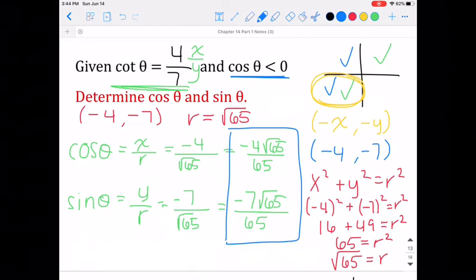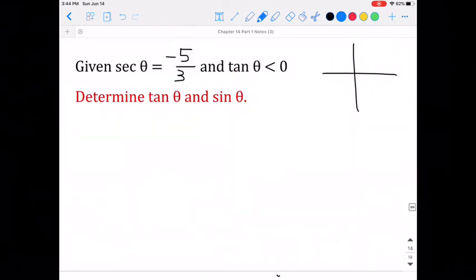And the last example for this section, we're given secant theta equals -5 over 3, and tangent of theta is less than 0. So we're starting by figuring out which quadrant we are in. So when tangent of theta is less than 0, tangent is less than 0 in quadrant 2 and in quadrant 4.